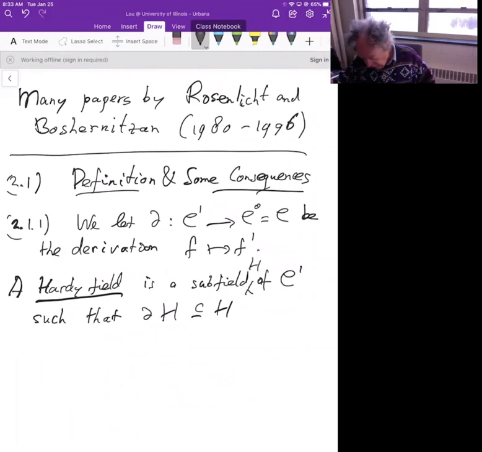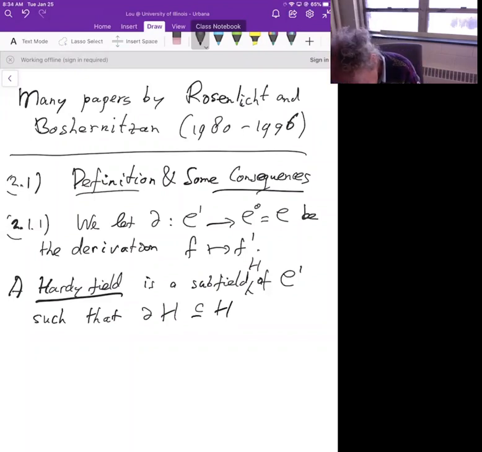Yeah, so it's in particular also a Hausdorff field, of course. So for an element little h in big H, the derivative of little h is also in H and therefore is also C1. And that means the original germ must actually have been C2 and so on.